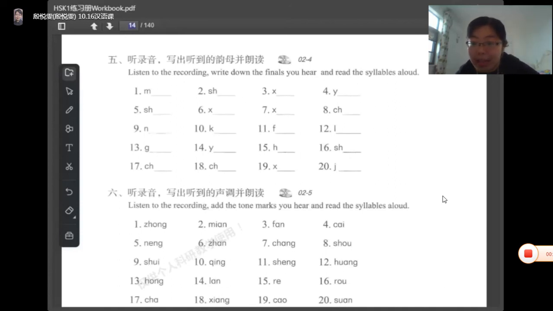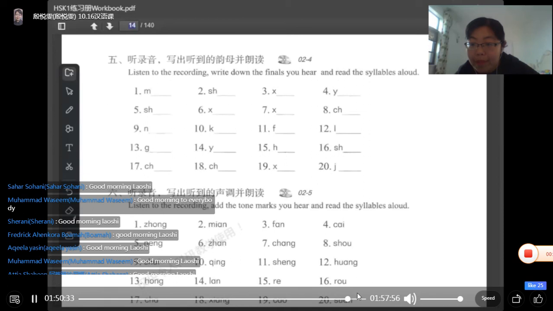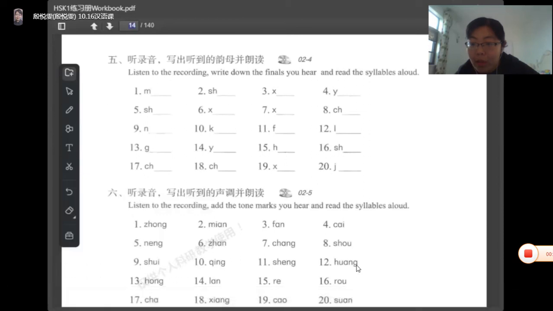Very good. Shahid, Amin, Sharani, Usman, Muhammad Usman, Sabah, Wazim, right, very good. Please distinguish 鲜 and 西安, they are different.